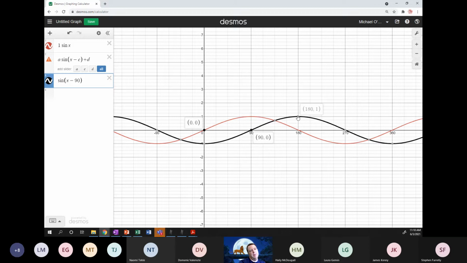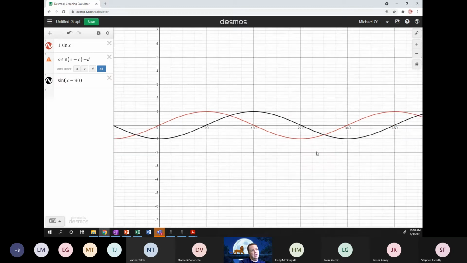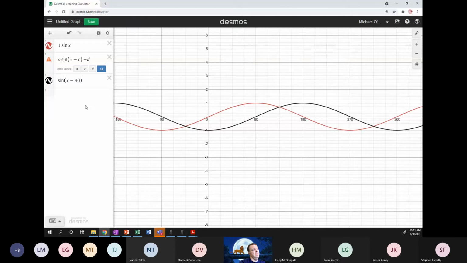And it goes up, middle, down, and then back there. It still takes 360 degrees to go over it. Okay? Still takes 360 degrees, but it's just shifting it. Instead of starting here, it's a minus 90, so it's going to move 90 to the right. Since it's a negative in there, it's a positive when it comes out, 90 to the right. Okay?